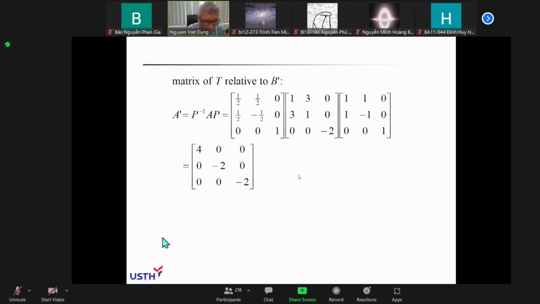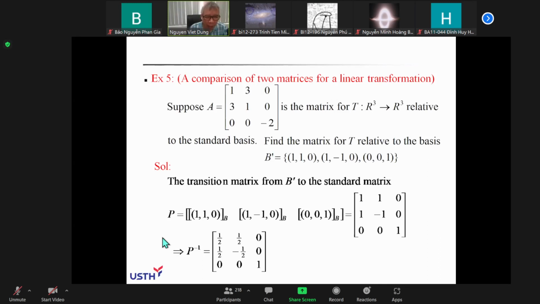And there is one thing I would like to insist on here, and I will leave it for lecture number 7. That is, here A prime now is in diagonal form, it is already a diagonal matrix. So once again, you can see the linear transformation T has a matrix A in the standard basis.